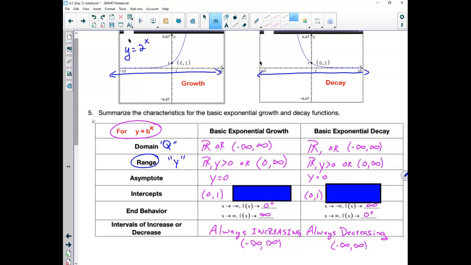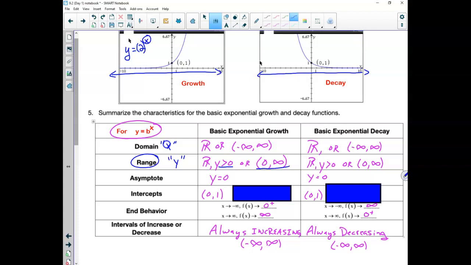And regardless, is there any way to take a positive number to a power and ever get 0? No. You can get it to be really, really small. That's why the range is all real numbers greater than 0, or you say 0 to infinity, and I do not include that 0 because I will never get to 0.